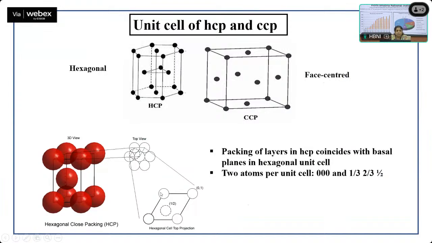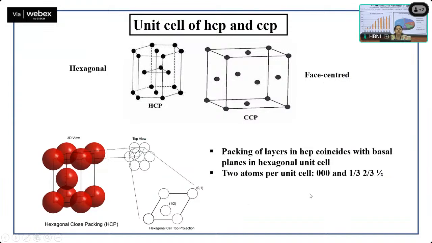If you consider this as the origin, then the coordinate on the x axis is 1 by 3 and the coordinate on the y axis is 2 by 3. So its coordinates are 1 by 3, 2 by 3, half.